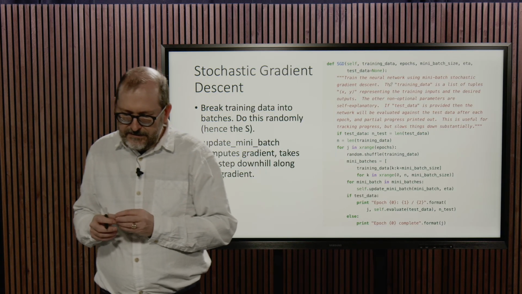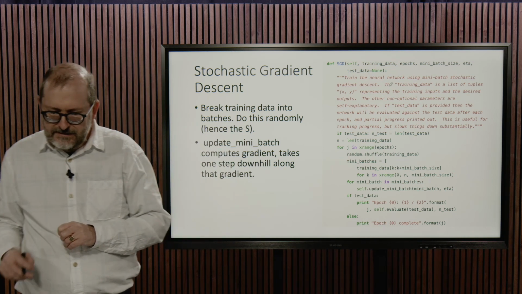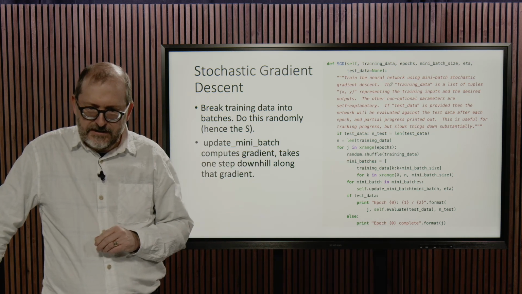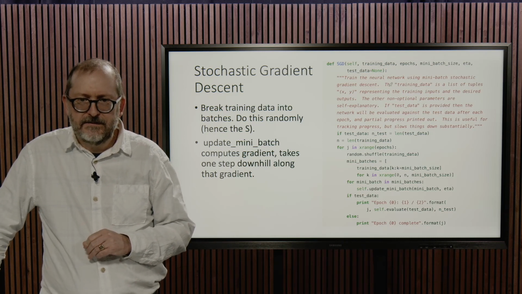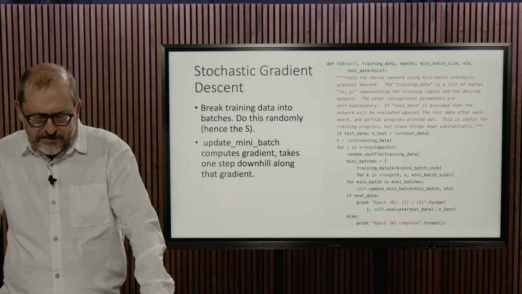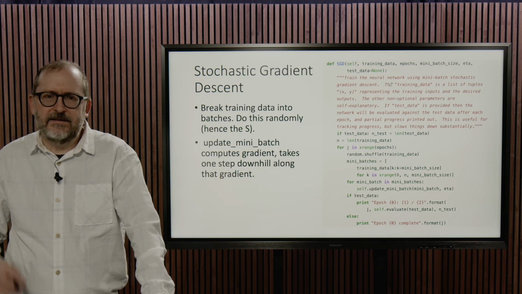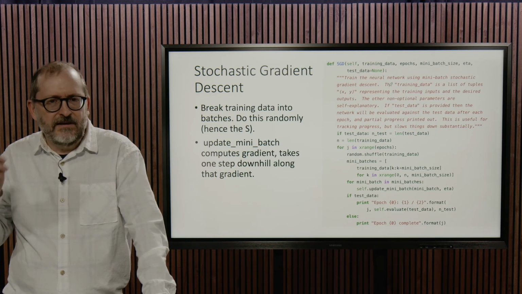Stochastic gradient descent. Well, it turns out gradient descent can be a bit expensive if you have a lot of variables in your network. And if your activation function is sigmoid, you end up doing a lot of derivatives.